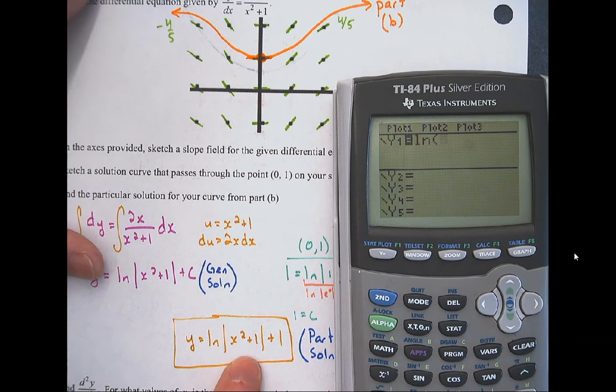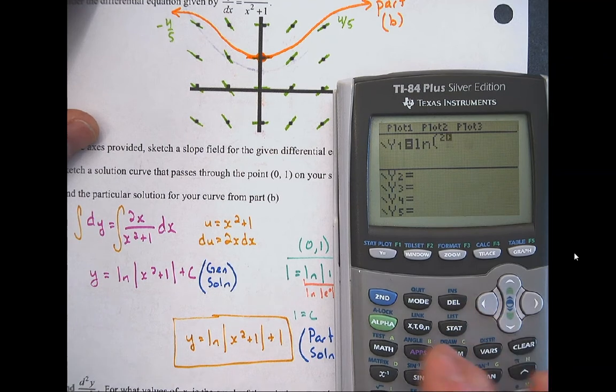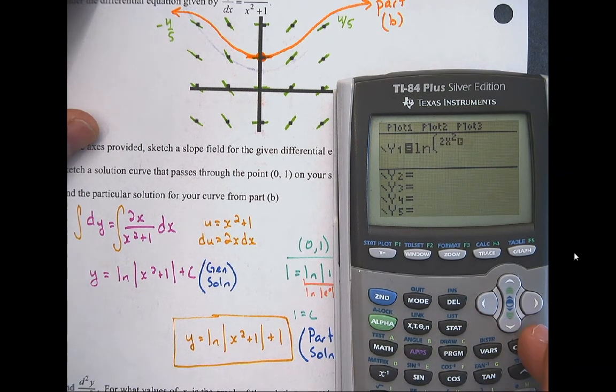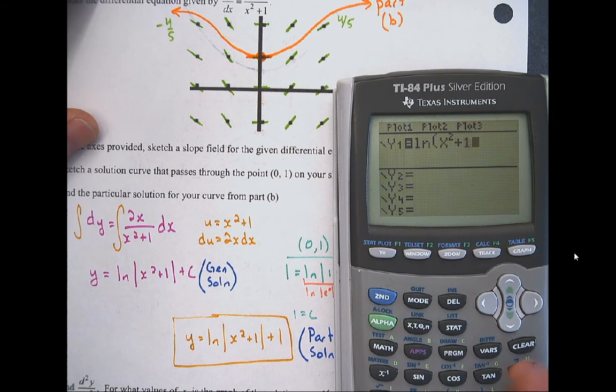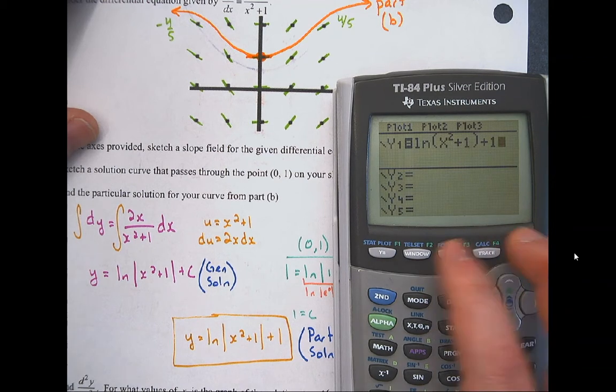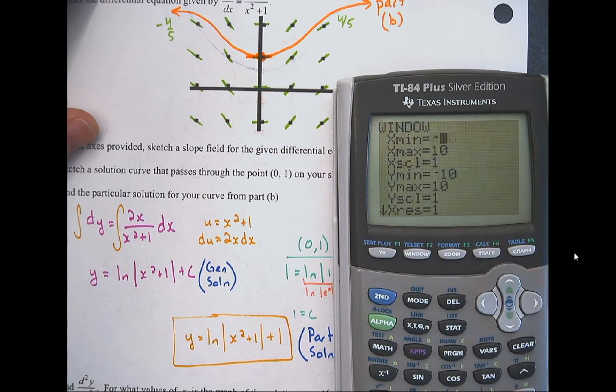Okay, do I really need the absolute values here? No, because x squared will always be positive, plus 1 will always be positive. So I didn't need to include those. Natural log of x squared plus 1, close it, and then my plus 1 comes on the outside. And look at this bad boy. I'm going to even make the window small so that we can really be amazed.